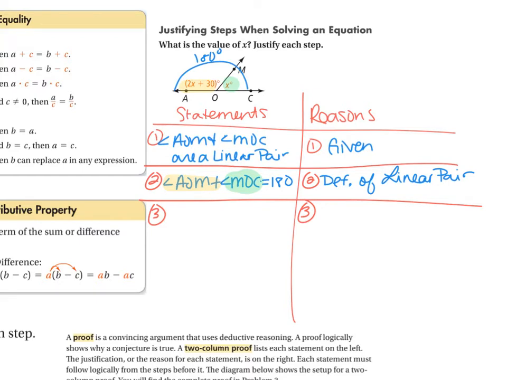That would be 2x plus 30 plus x equals 180. What did I do? I just plugged that in. What's the mathematical term for plugging something in? That is the substitution property of equality.